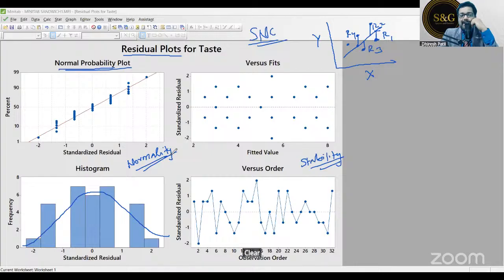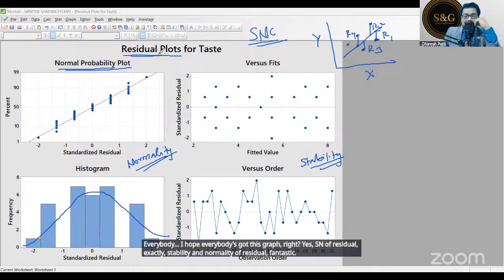Clear everybody? Yes, no? Have you got this graph? Everybody, I hope everybody's got this graph, right? Yes, SN of residual, exactly. Stability and normality of residual.